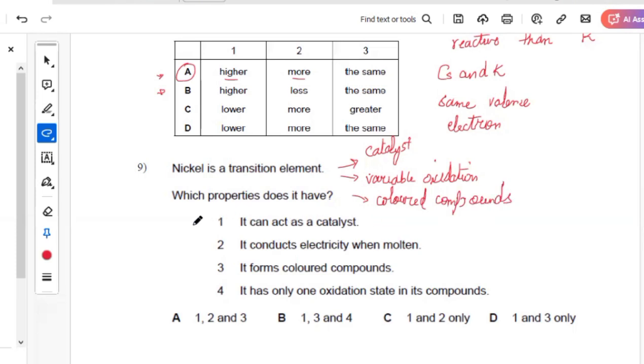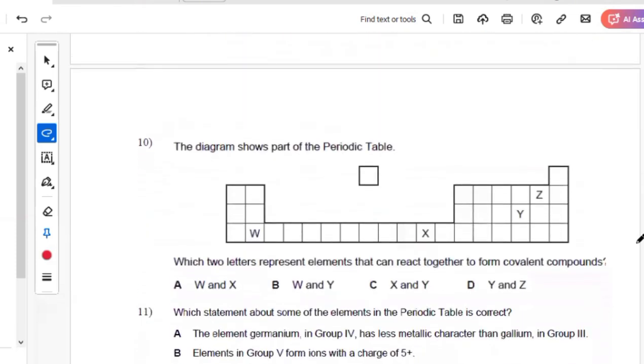The option that states it can conduct electricity when molten could be included, but it is not a general property of transition elements, because it is a property of most metals. So it forms colored compounds, which is unique, and it has variable oxidation states. So 1, 3, and 4 would be the right answer. This would not be the answer because it is not a unique property. It is a characteristic of most metals.